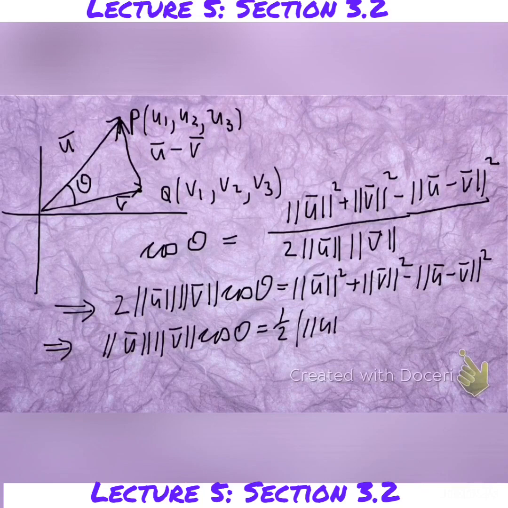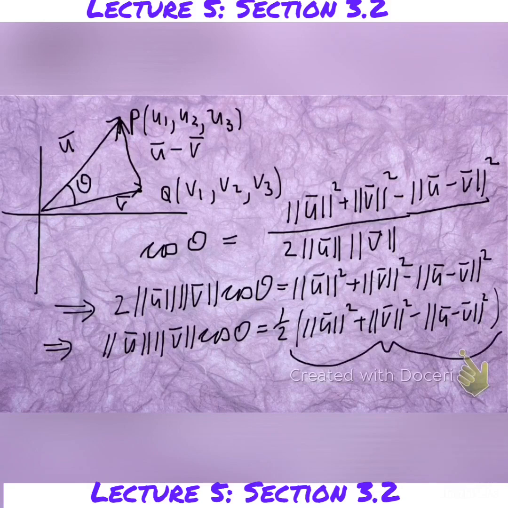Now the question that I have is, what is this expression in the bracket? What is that actually equal to? You can do a little bit of algebra, which we're going to do now, and see what that reduces to.